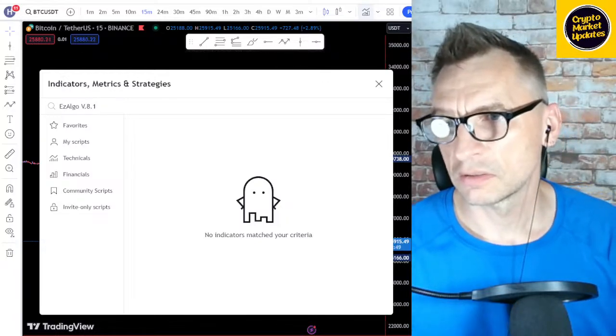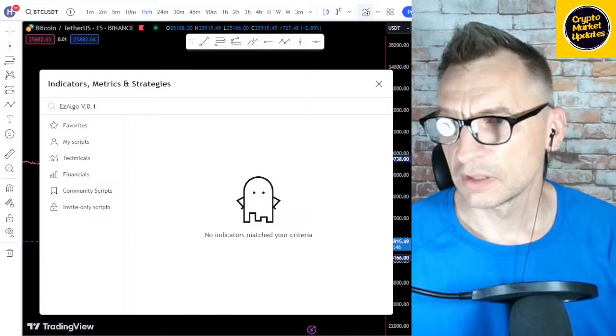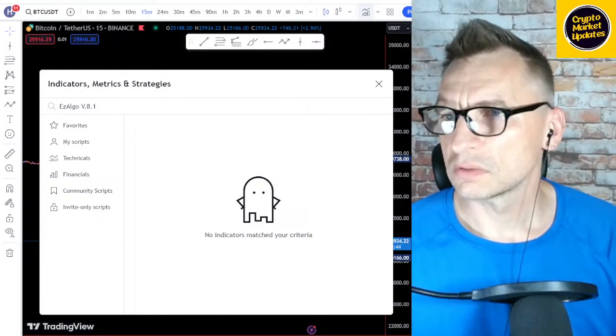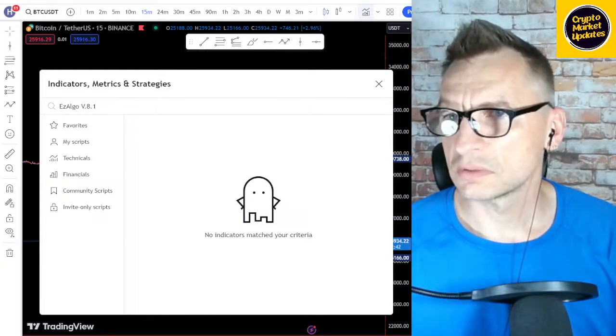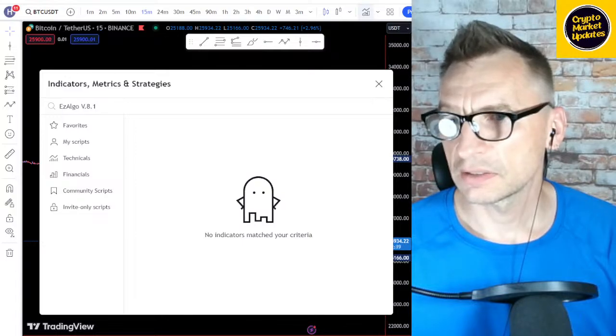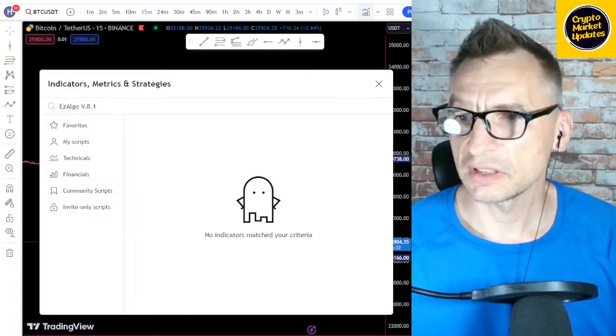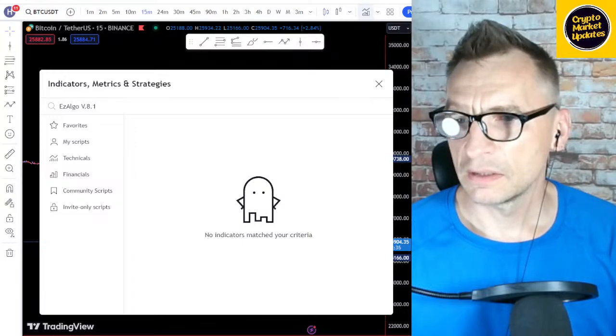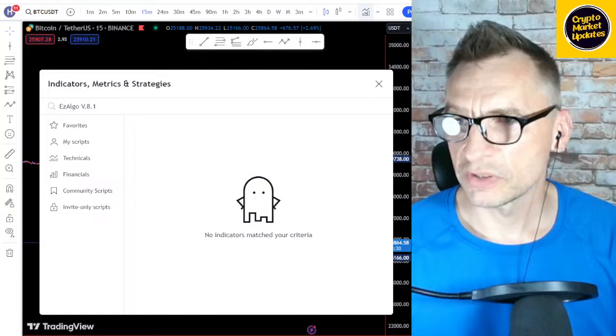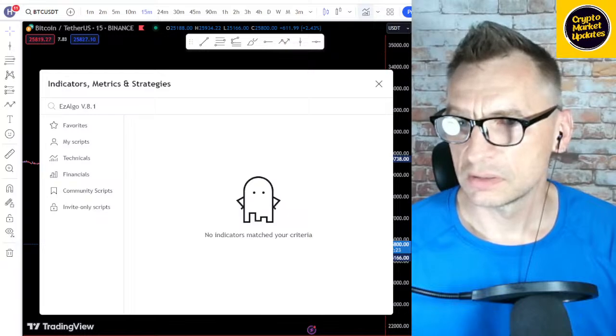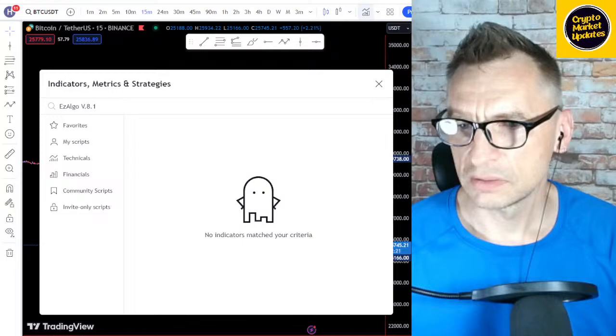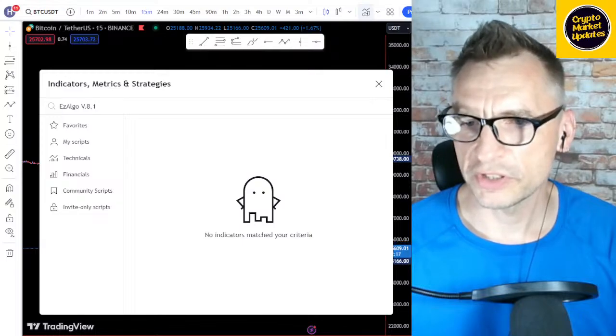You can find the indicator link in the comments. Right. Okay. So let's see if I can get that. Yeah, it just takes you to a website basically, and you sign up, and you have to purchase the indicator.